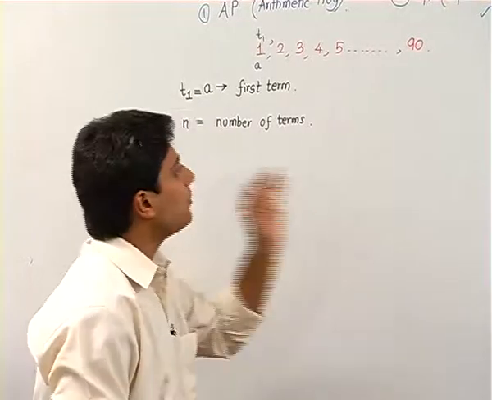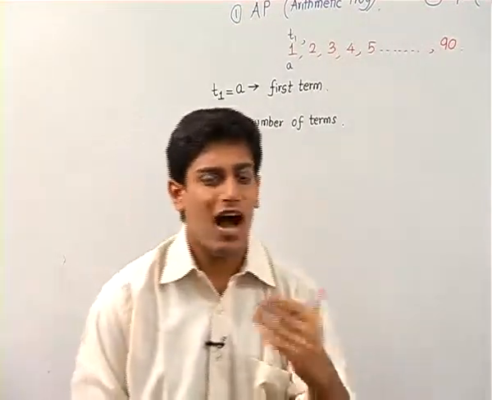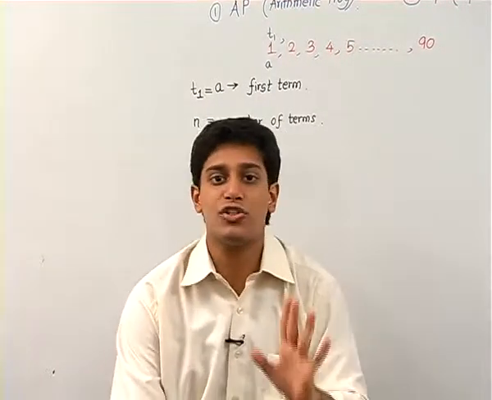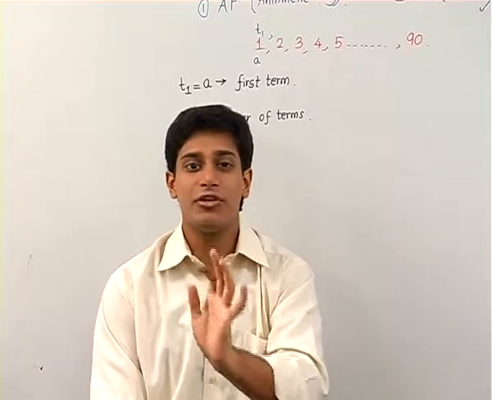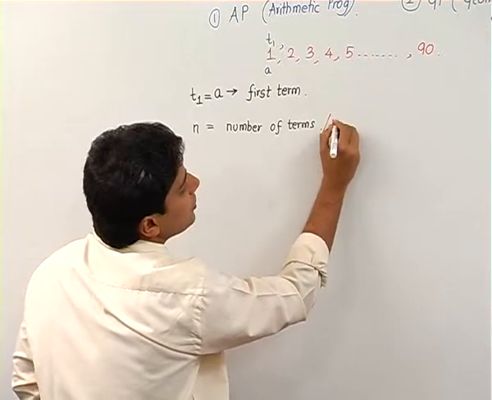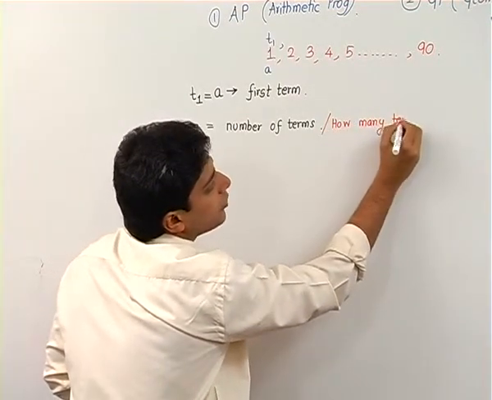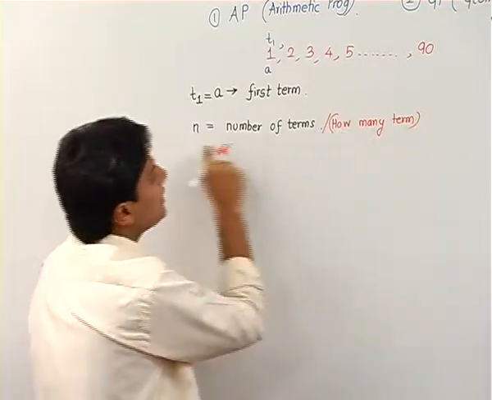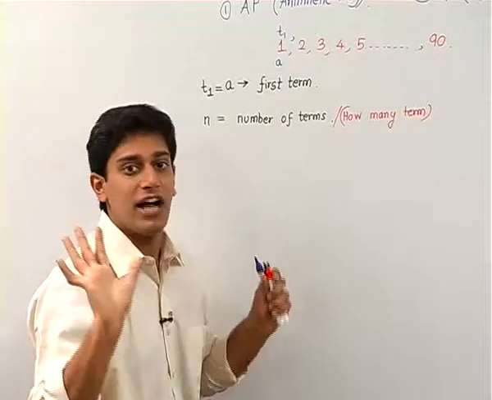So whenever I talk about N, N stands for number of terms. Later, if any question comes, I'll ask you students, how many terms? You will say, sir, N terms. So when a question asks how many terms, the answer is that n is given.